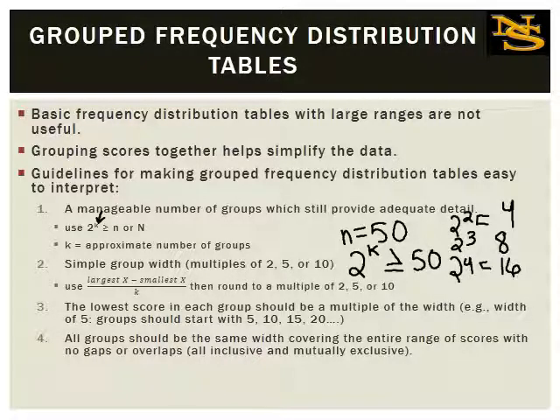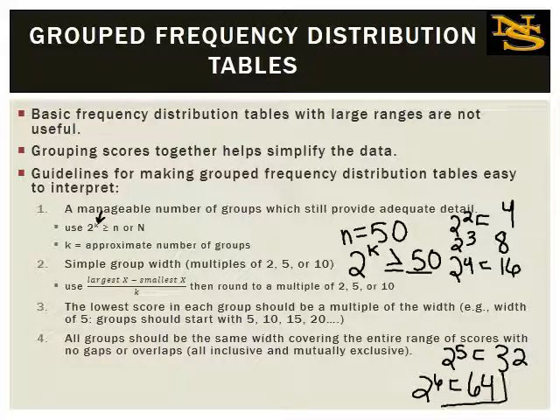If we did 2 to the fifth power, we would get 32. Not there yet, because remember, we need to get something that's 50 or above. If we do 2 to the sixth power, we get 64. Hooray! 6 would be our k in this example.